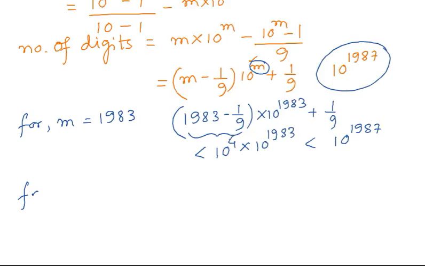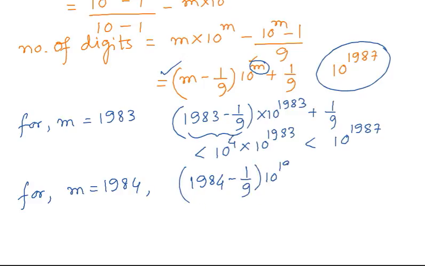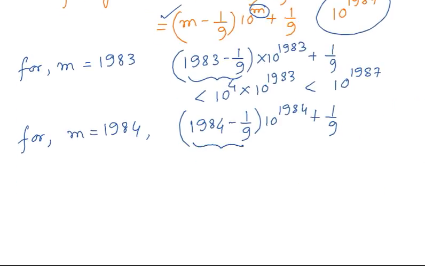And if I go for the next value of m, that is m equal to 1984, this particular total number of digits is coming out to be 1984 minus 1 by 9 into 10 to the power 1984 plus 1 by 9. Now we can see that this particular quantity is going to be a 4-digit number, so this is definitely greater than 10 cube into 10 to the power 1984.